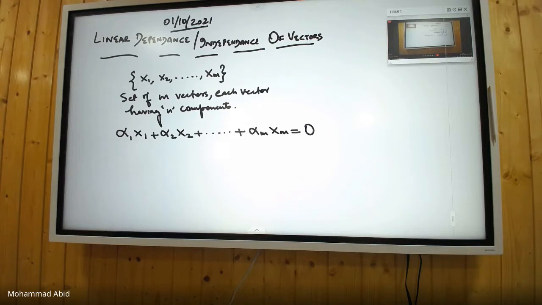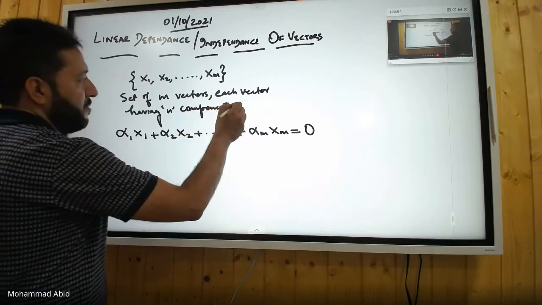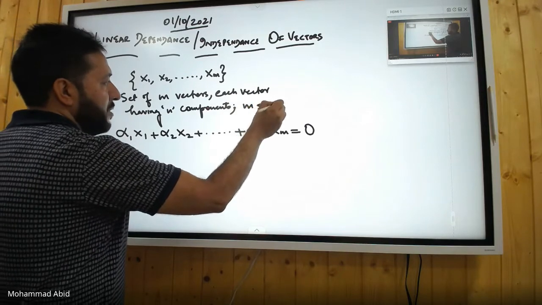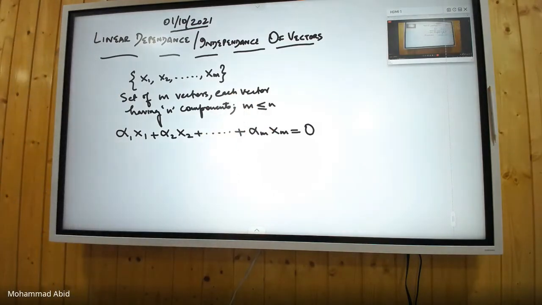But the problem we are seeing is that we have vectors x1 up to xm, each belonging to an n-dimensional space, where m is less than or equal to n. When m is equal to n, that problem is easy to solve. But when m is strictly less than n, how do we check whether the set of vectors is dependent or independent? I'll show you a method for that.